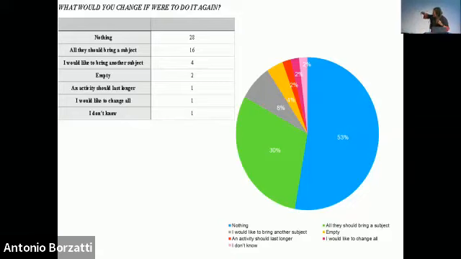So, and then 4% left it empty, they didn't know what to answer, and three times 2% said I would like to change all, I don't know. And the activity should last longer. This is really 45 minutes as we have lessons in Slovenia.